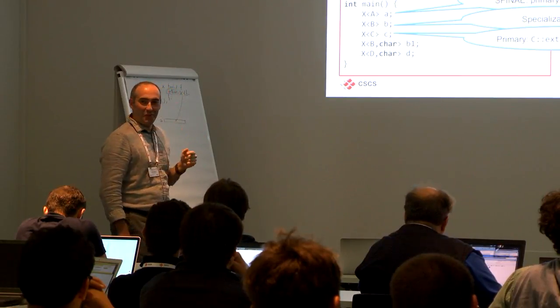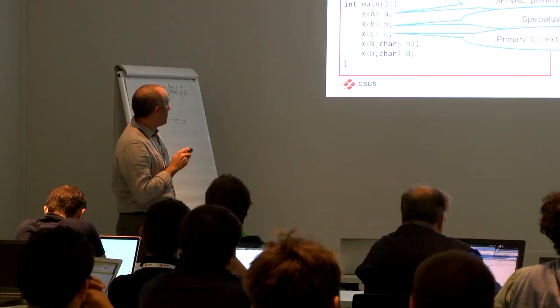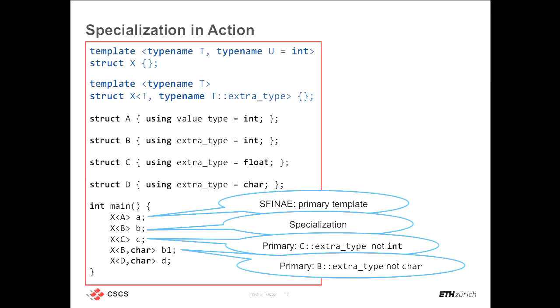You got a few confused people here. So B goes to the primary template and says I want to instantiate B and char. Now it searches for the specialization. I put B here and I put int here. Well, sorry, B extra type is integer and is not char. So I go with the primary template. Let's see if I'm right. Primary template.